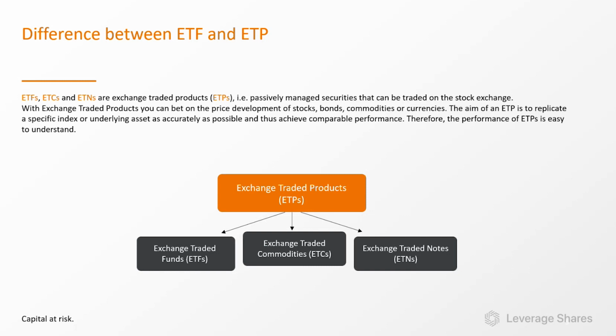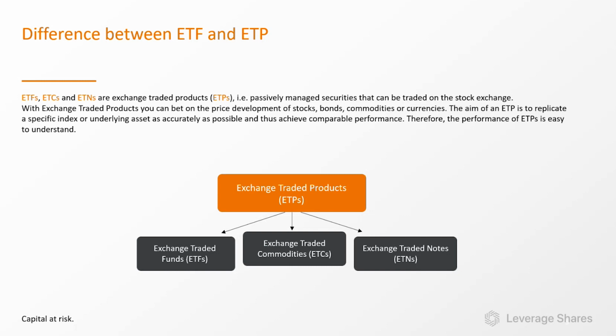All of them are passively managed securities that can be traded on the global stock exchanges. With exchange-traded products, you can bet on the price development of stocks, bonds, commodities, or currencies. And the aim of an ETP is to replicate a specific index or underlying asset as accurately as possible, and of course, with this to achieve comparable performance. And therefore, the performance of an ETP is easy to understand.